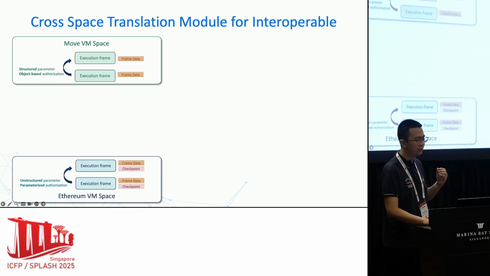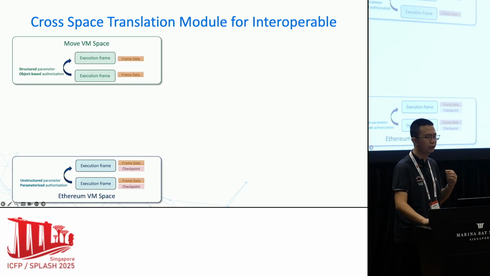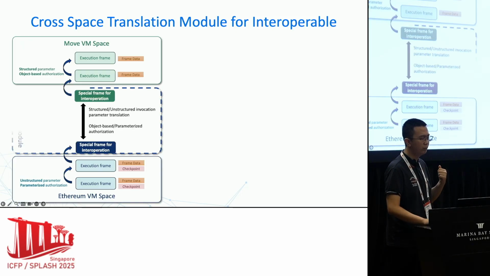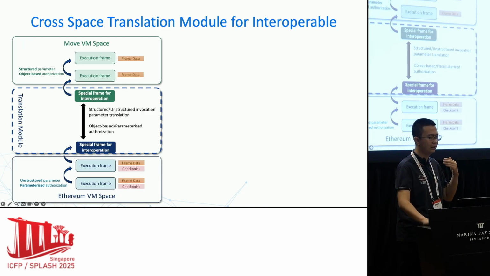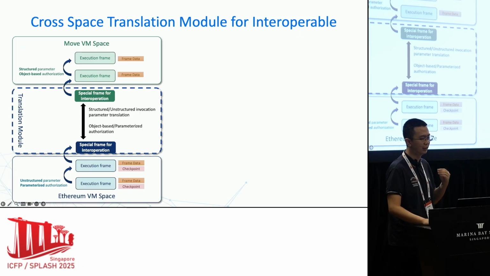So if we have transaction execution in different virtual machine spaces, we need a cross virtual machine translation module in the middle to translate between the two different virtual machines, so that a function call from one space can be understood by the other space.